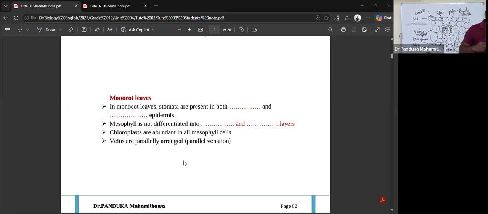Mesophyll is not differentiated into palisade and spongy layers.